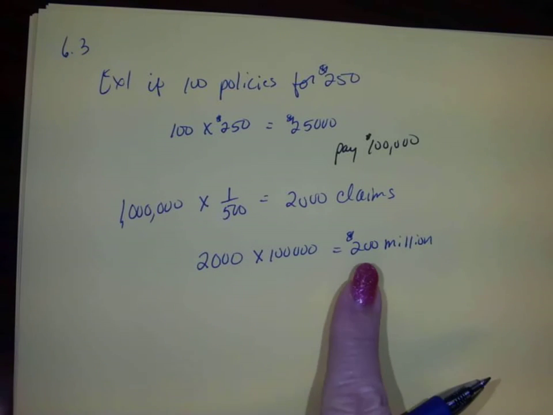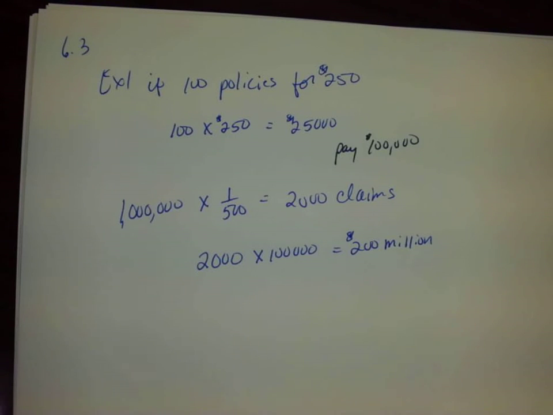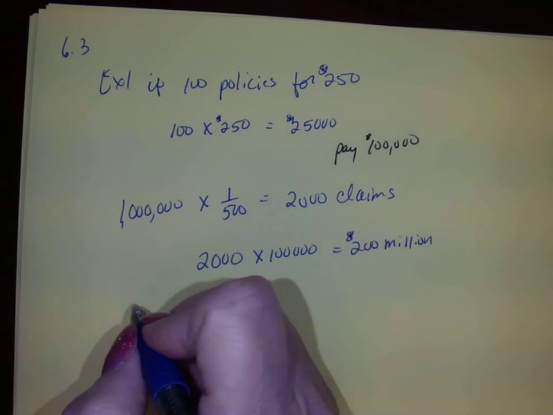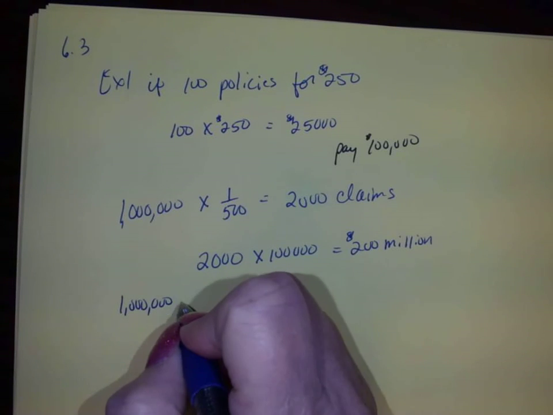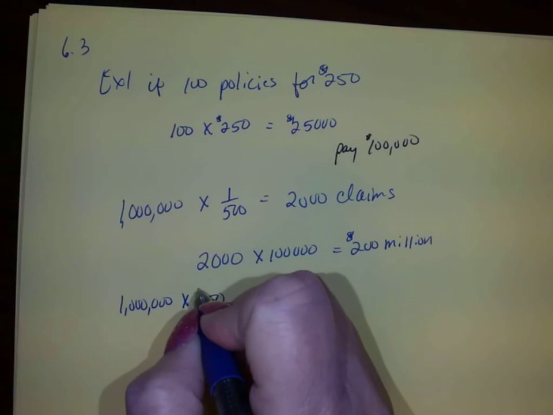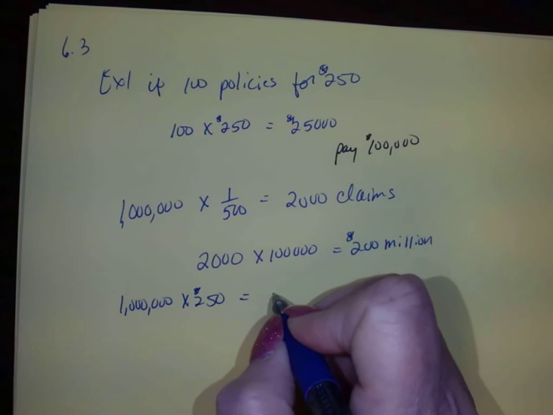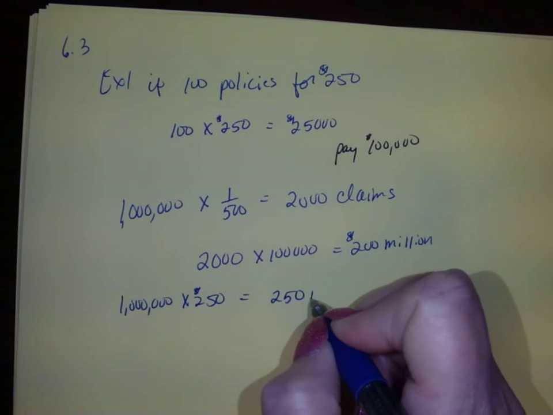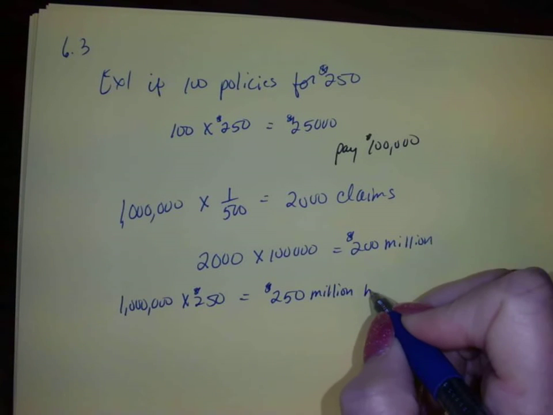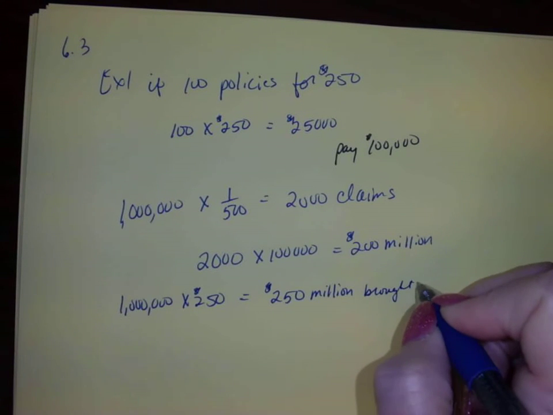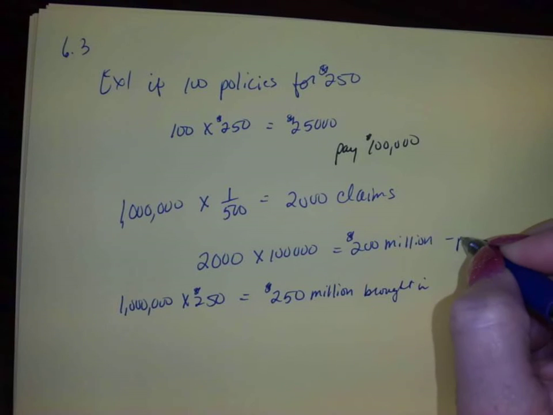Now, with this money, how much did they bring in? Well, if they sold 1 million policies times $250, this will get us $250 million. So this is how much they brought in, and this is how much they paid out.